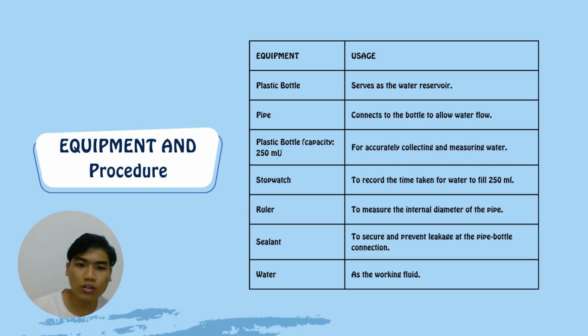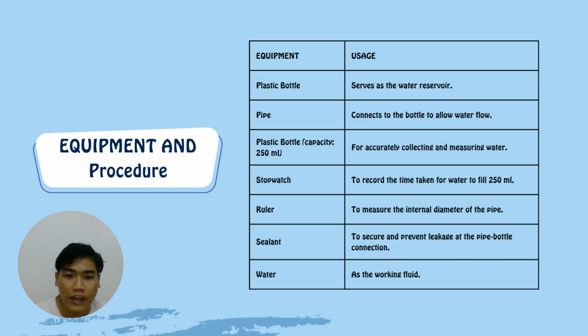So the procedure in this assignment is, for the first one, we attach the pipe securely to the outlet of the bottle and ensure there is no leakage at the connections using sealant. Second, we place the plastic bottle, which has a capacity of 250 milliliters, at the end of the pipe to collect the water.